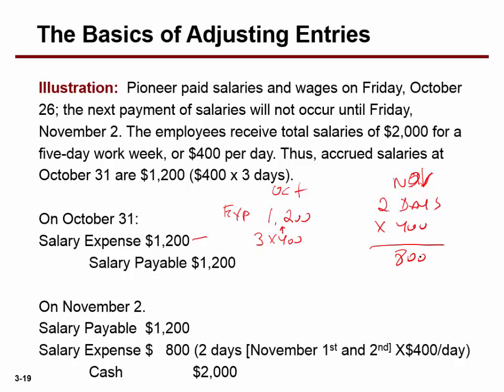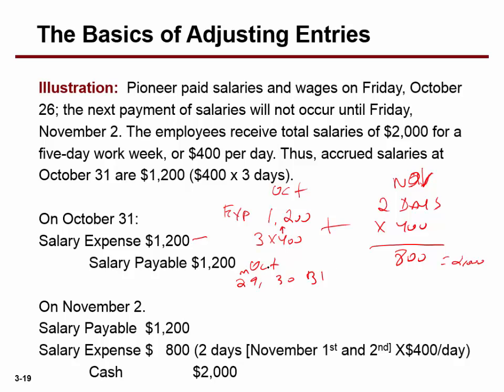Okay, but I'm not paying them until November 2nd, right? So the total cash that's going to go out on November 2nd is the full 2,000, right? That's paying them for what? The 3 days in October. October 29th, 30th, and 31st.